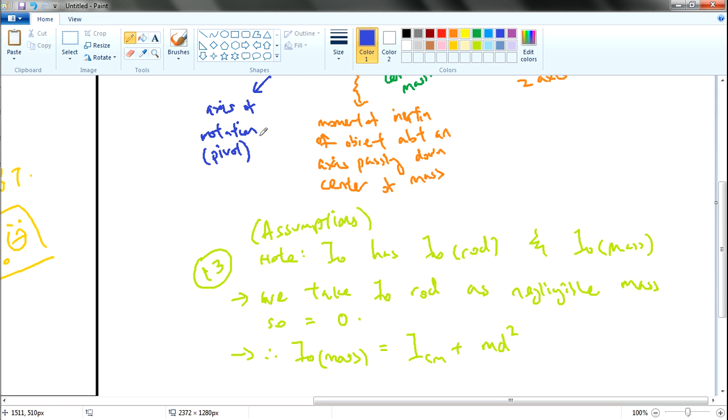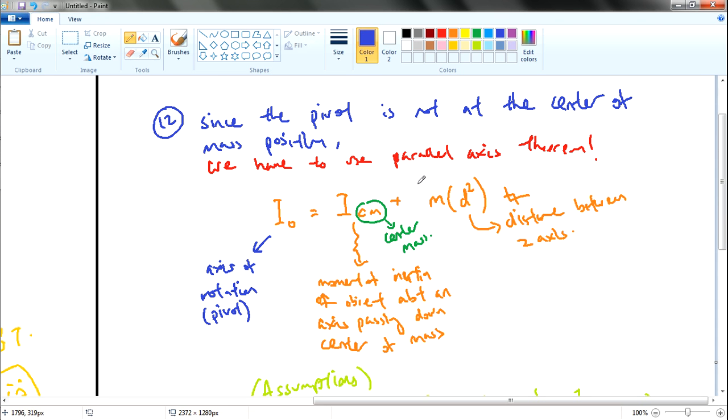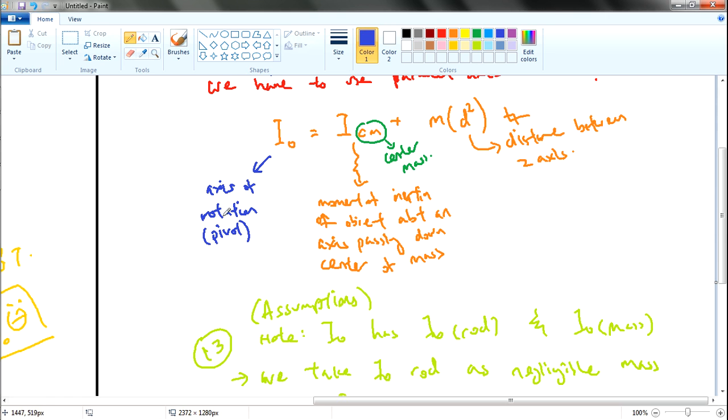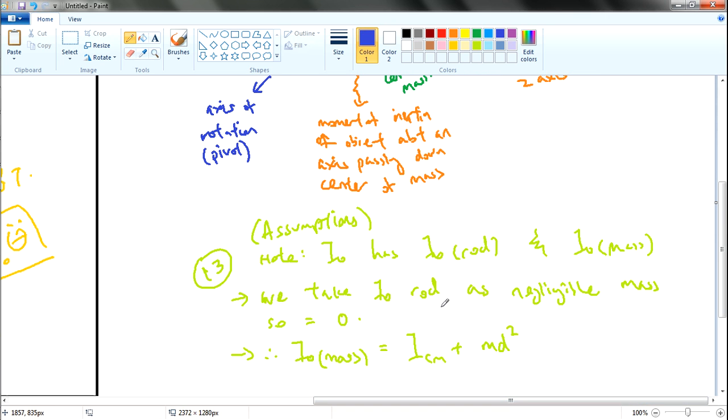Hold on. Okay, so now we have to make assumptions. After defining our parallel axis theorem, we have the equation over here. You have to know some assumptions. The moment of inertia I naught has a relationship in terms of the rod and in terms of the mass.